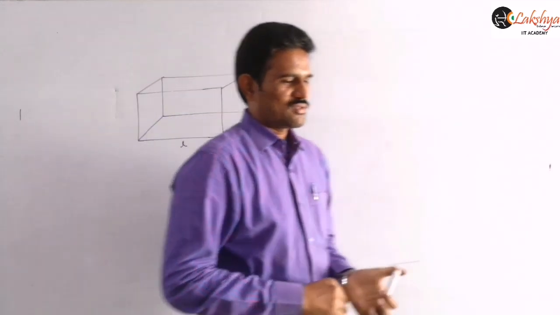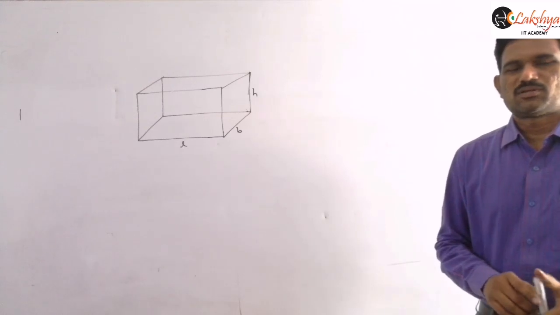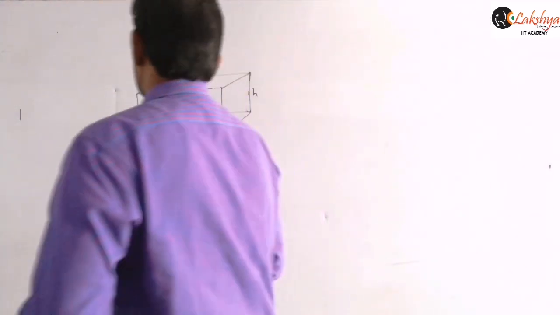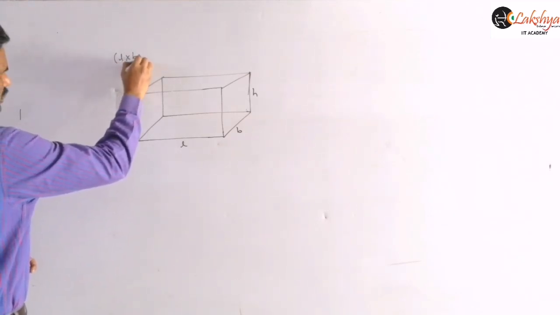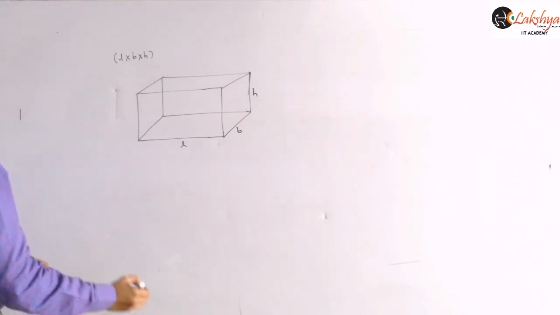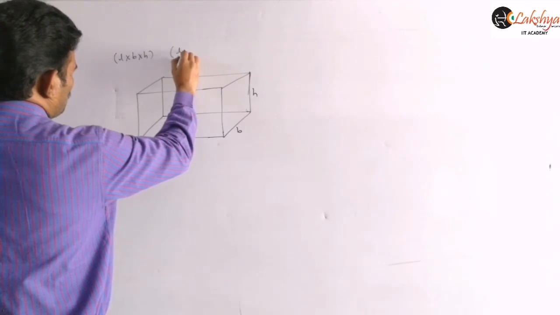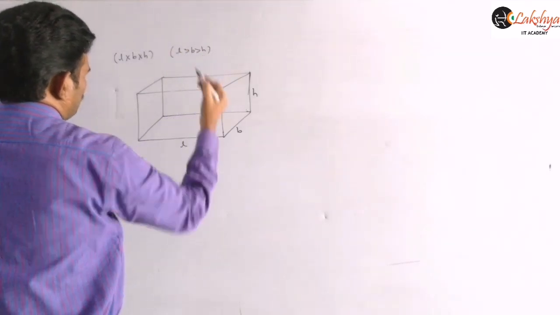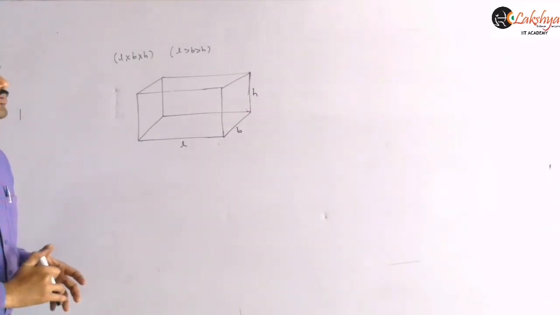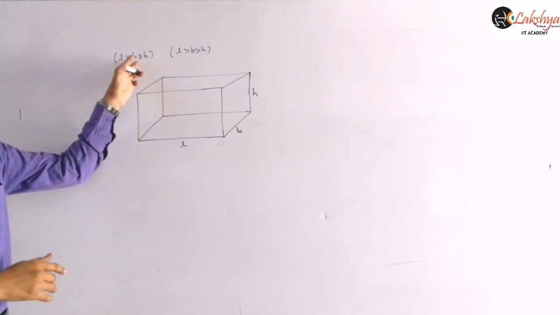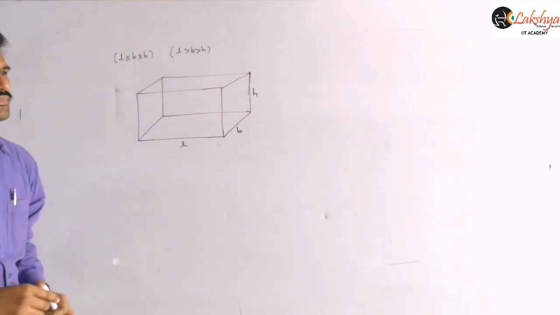When current is allowed to pass through the block of dimensions L into B into H, and in the order also you can mention that L is greater than B greater than H. That's the order.